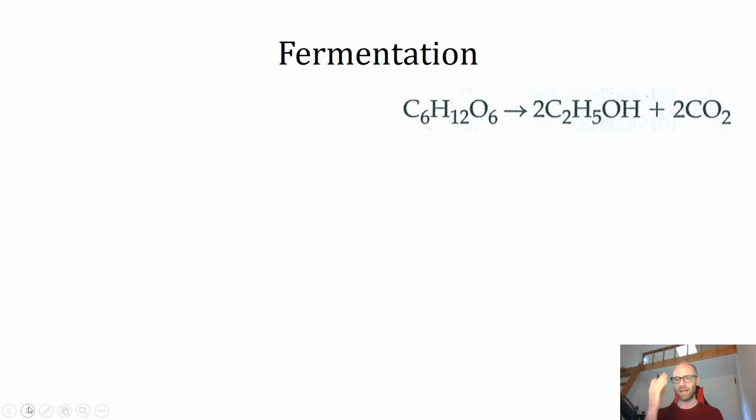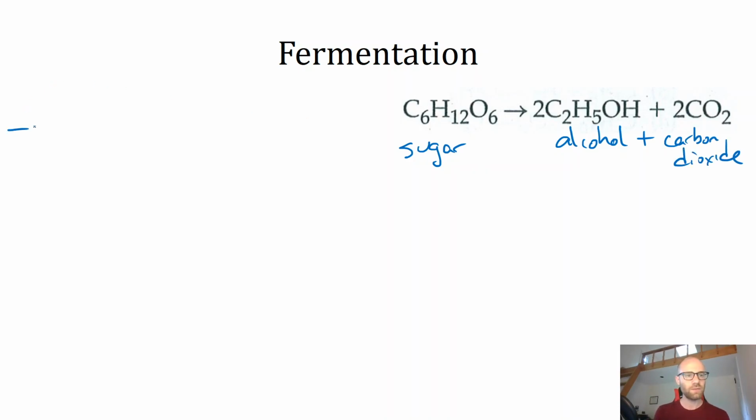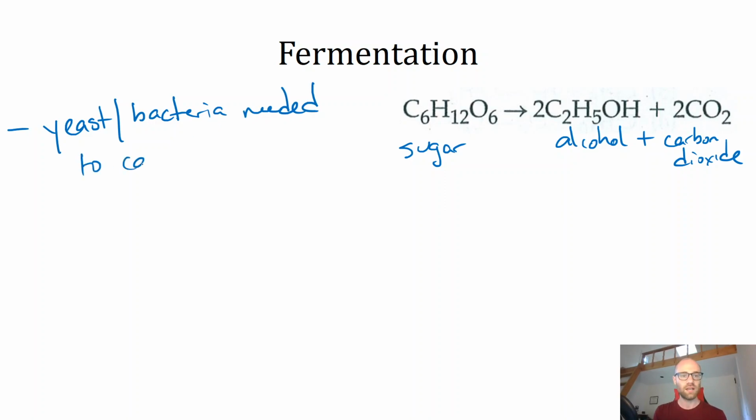Moving right along, we have something called fermentation. Fermentation, the general form is sugar will create alcohol plus carbon dioxide. Usually fermentation needs yeast or bacteria to carry it out.